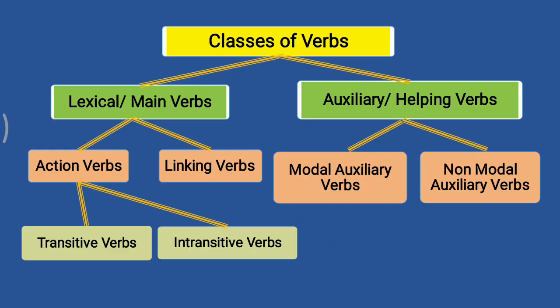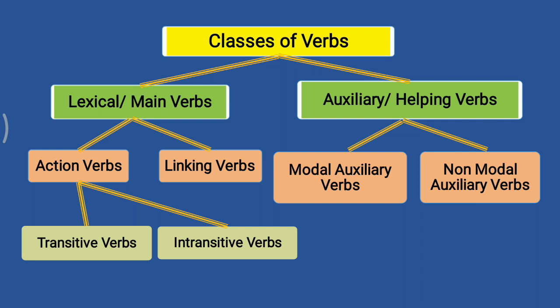Our next main topic in verbs is classes of verbs. How we can classify the verbs. There are two main parts of the verbs, that are lexical or main verbs and auxiliary or helping verbs.